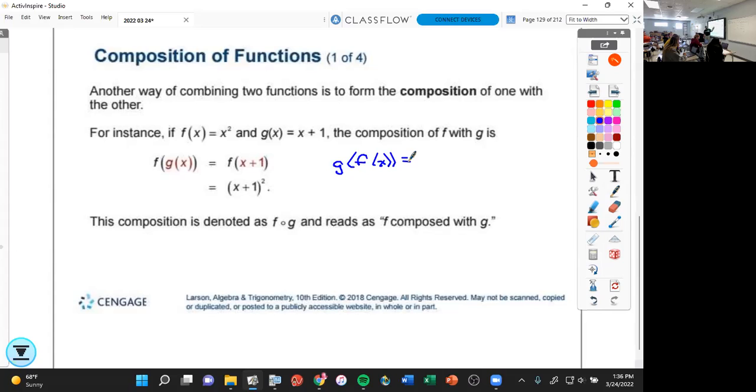So I'm going to change this x to f of x. But what is f of x? So I'm going to change this x to x squared plus 1. So how come in the first example, the x plus 1 is squared, like in a parenthesis? Because I'm taking g of x, which is x plus 1, and putting it in the place of x.